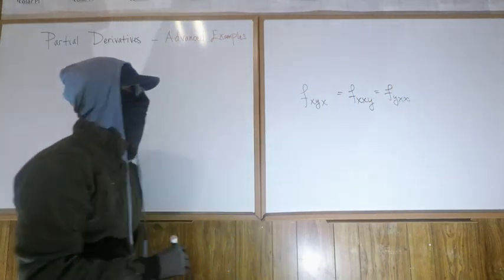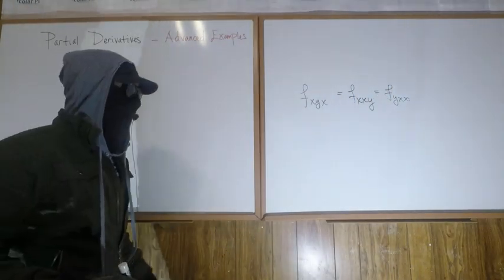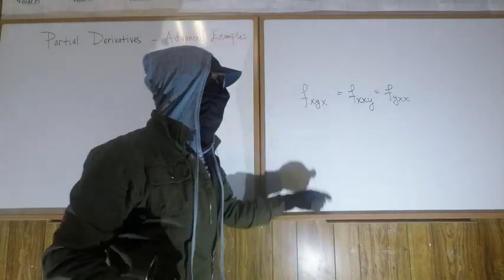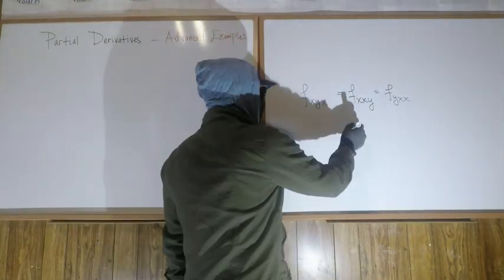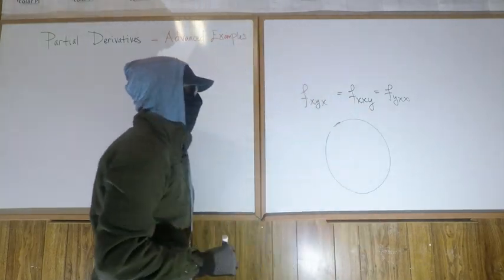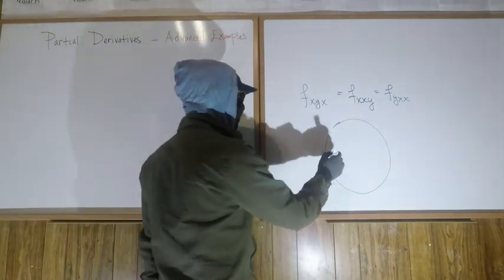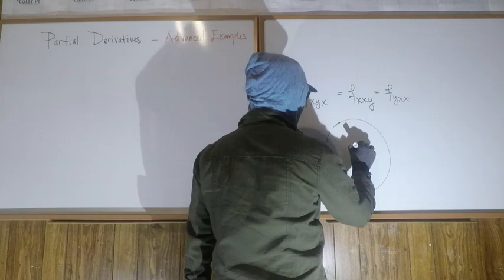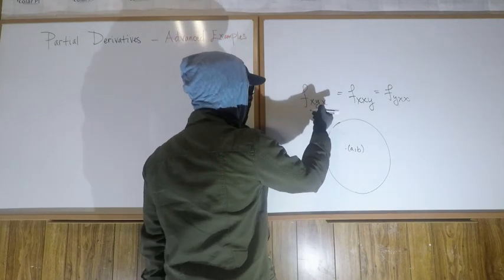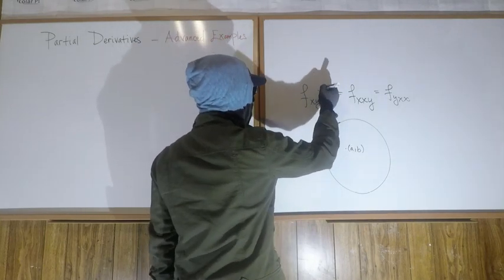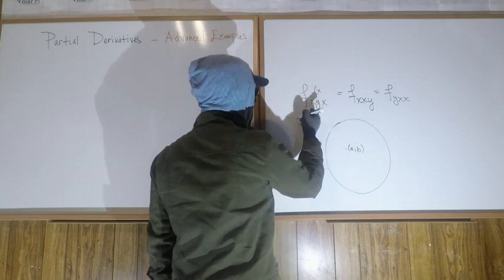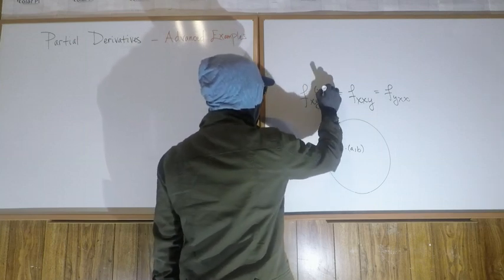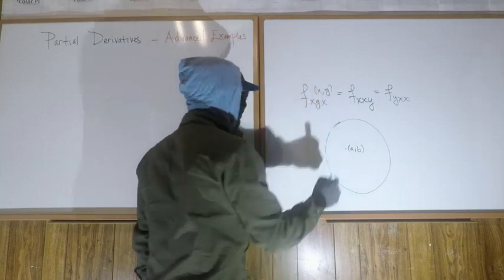f_yxx. The criteria for this equality to hold is that all three of these mixed partials are continuous in some domain D containing the point (a, b) at which we're evaluating them. Even though I'm abbreviating, this is a function of two variables, let's say. So it's the partial with respect to x, then y, then x of f(x, y).